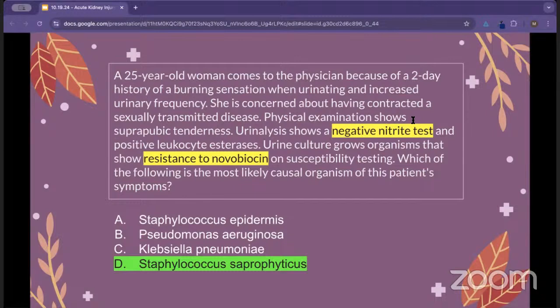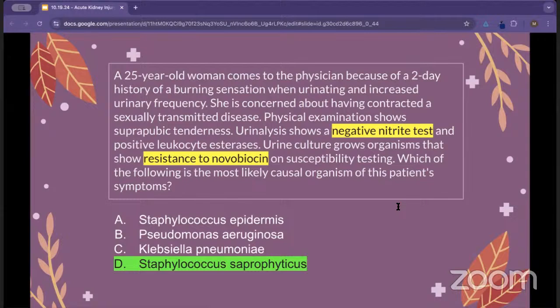It can be B because that is a gram-negative rod that can occasionally cause UTIs, but the patient's urinalysis was negative for nitrite, which means that this organism can't convert urinary nitrate to nitrite, and that makes infection with P. aeruginosa much more unlikely because this bacterium expresses nitrate reductase. So I guess you do need to know which ones produce and which ones don't produce, but that's kind of what makes it fun.